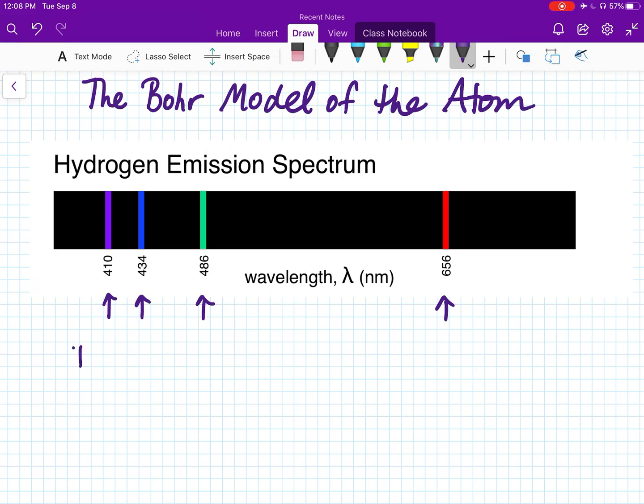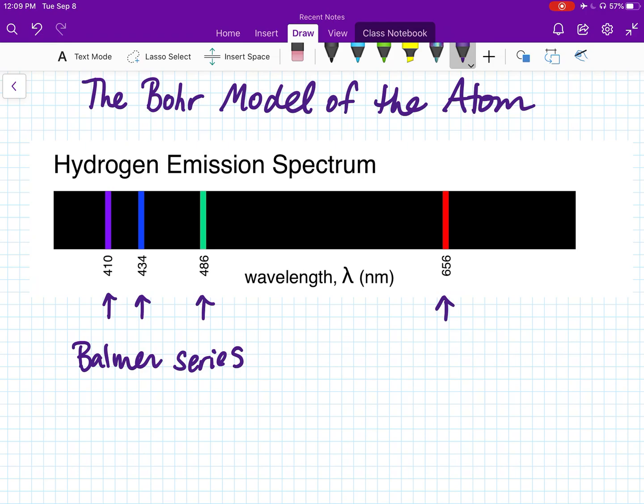This is called the Balmer series, and you see a purple line, a blue line, a green line, and this orangey red line. You don't see a whole continuous rainbow. You just see these four lines in the Balmer series in the hydrogen emission spectrum.